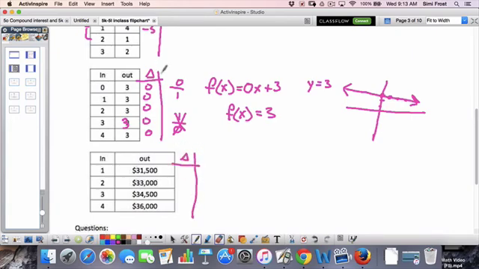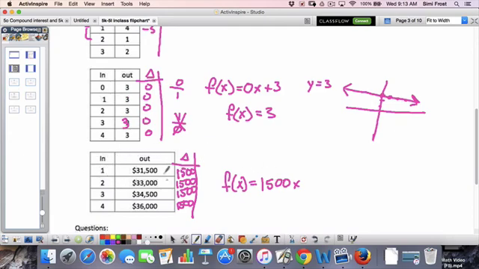Let's find our change. Well, each of these is going up by 1,500. So while these are big numbers, we can still certainly put them in a function. And it is certainly linear, so f of x equals, my slope is 1,500 times x, and now I need where y is 0.